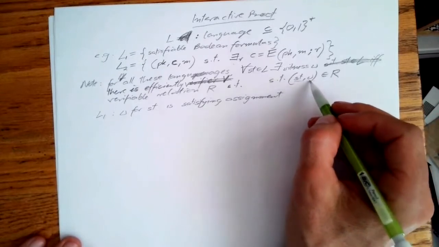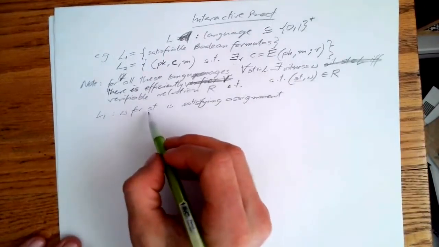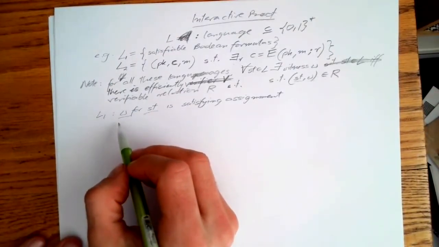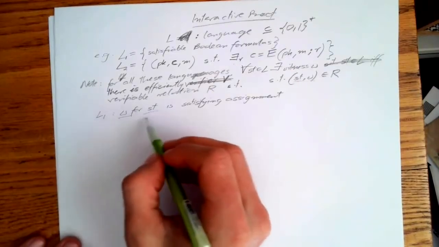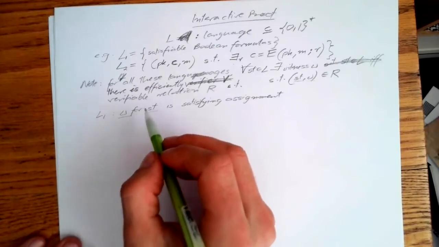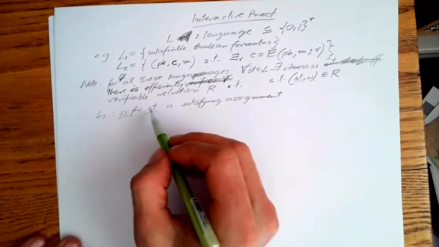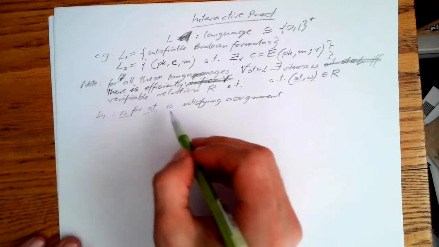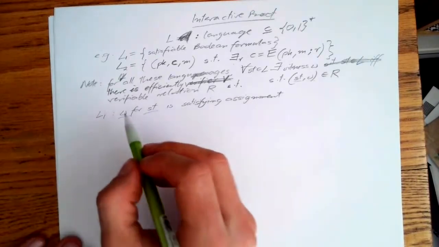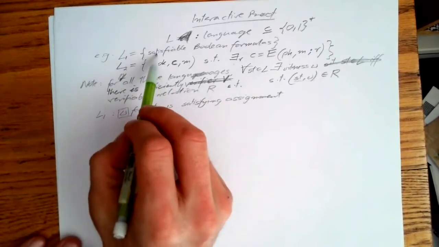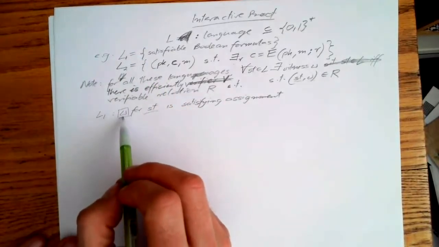And it's efficiently verifiable because if you have both the formula and the assignment, you assign what the assignment tells you: this variable is 0, this variable is 1, this variable is 1, this variable is 0, etc. Then you just verify that the formula is satisfied. So this is a fast procedure. The point is that there exists some way to prove that the statement is in the language: just publish this assignment.